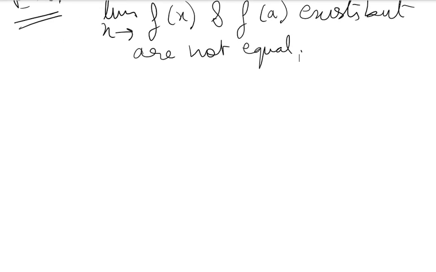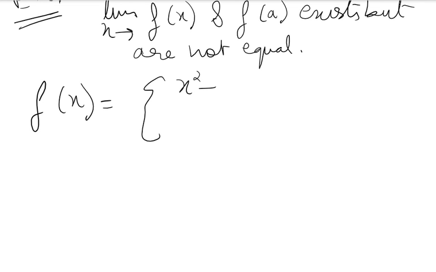So the example would be the same. Let's say I take the function f of x is equal to (x square minus 4) by (x minus 2) when x is not equal to 2, and it's going to be 3 when x is equal to 2.